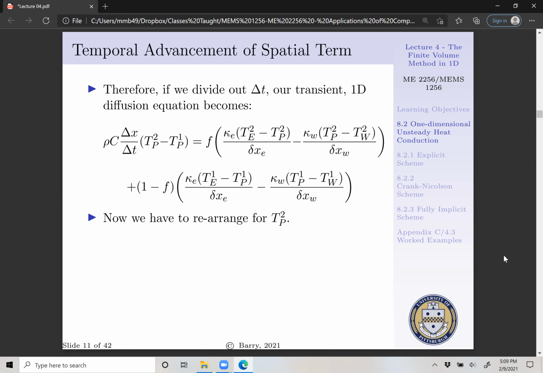And this is equal to F, our weighting factor, our diffusivity per our distance between solid centers, T east minus Tp, all evaluated at our second time step, minus our diffusivity at our west interface per delta xw, all the same up here, Tp at our second time step minus T west at our second time step. Then we're going to have the quantity 1 minus our weighting factor F, and the identical expression from above one line. Now we're just evaluating at our previous time step.